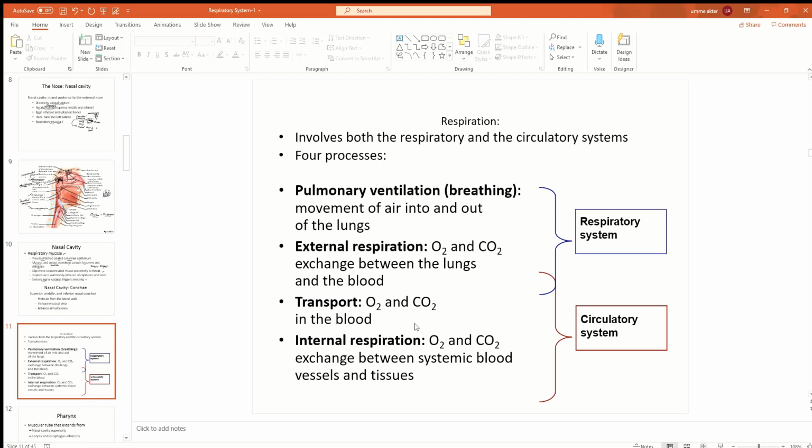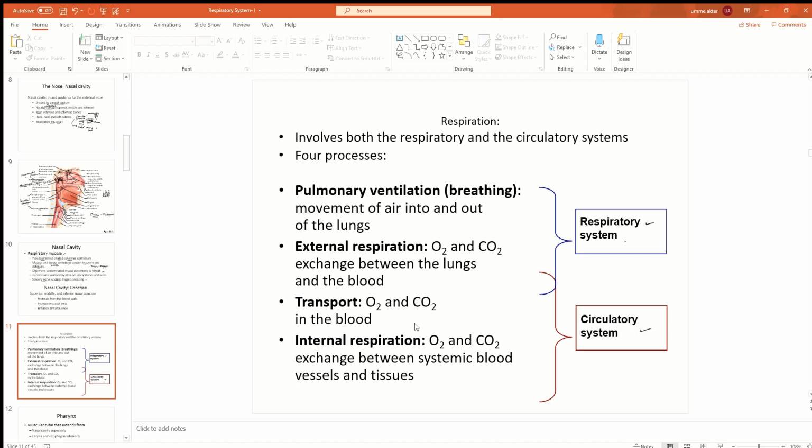So now the processes of respiration. There are four processes of respiration. The first two occur in the respiratory system, and the last two occur in the circulatory system. That's why we say that the respiratory system and circulatory system work very closely together. Without one, the other will not be able to work.